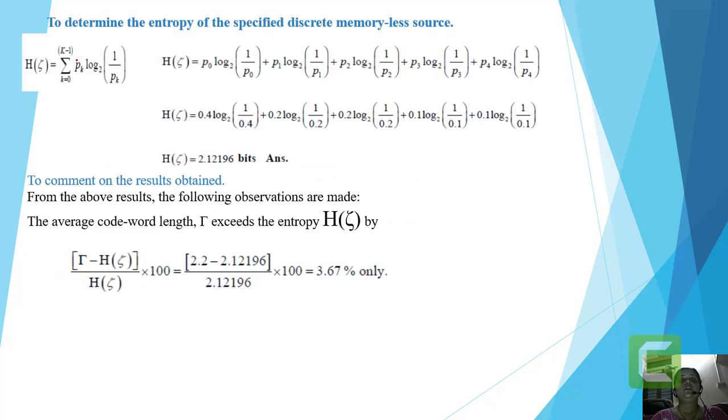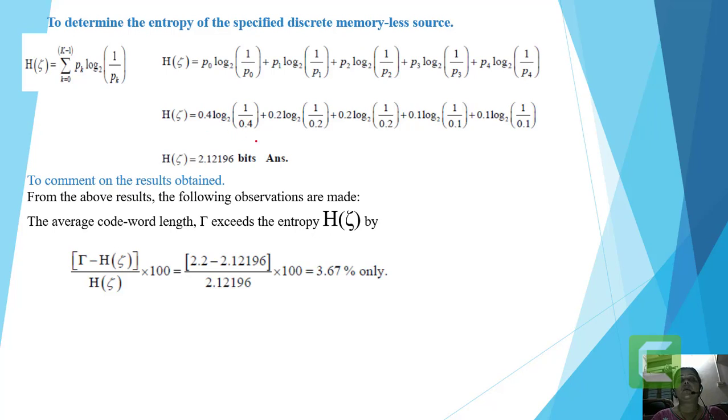Then we have to determine the entropy for the given discrete memoryless source. For finding the entropy, the equation is summation from k equal to 0 to K minus 1 of pk log to the base 2 of 1 divided by pk. As k changes from 0 to 4, we get the expansion of the given equation like this.